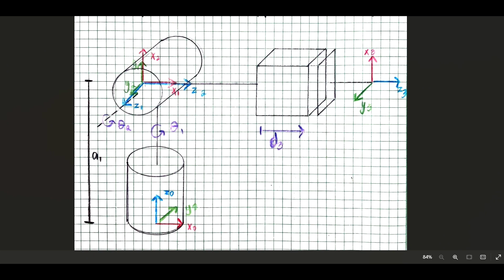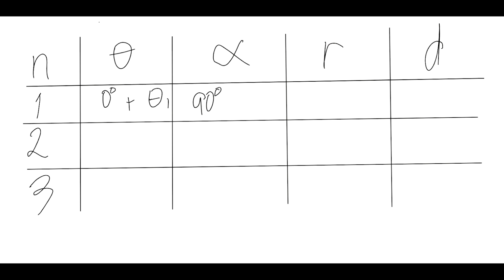Note that in these cases where frames were translated in certain axes, where both frames have intersected, the next parameter is parameter r. Parameter r will be the distance of the origins between two frames in the x sub n axis, and in this case, it will be x sub 1.